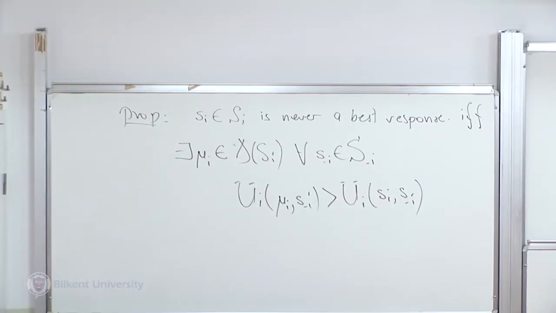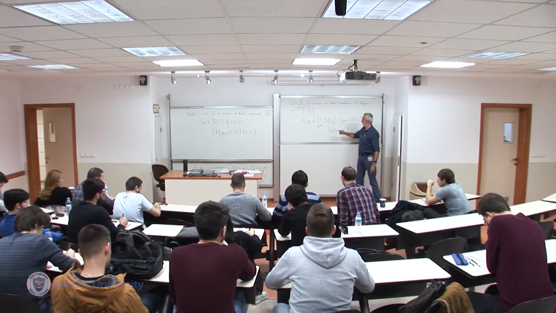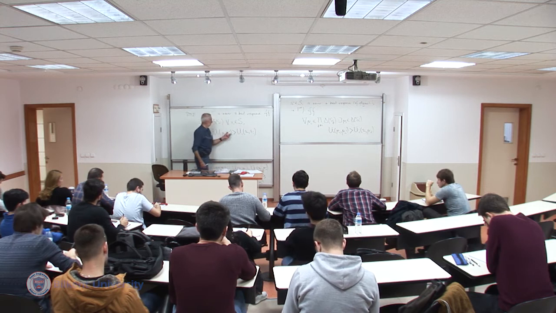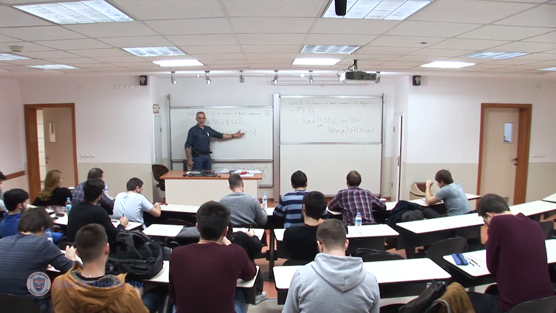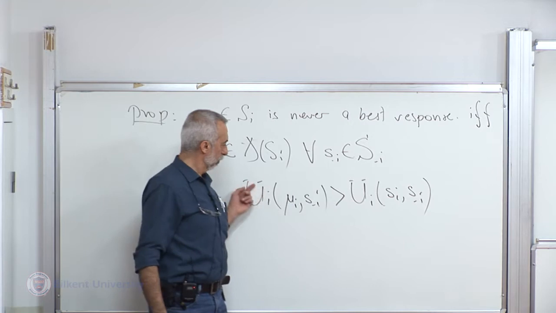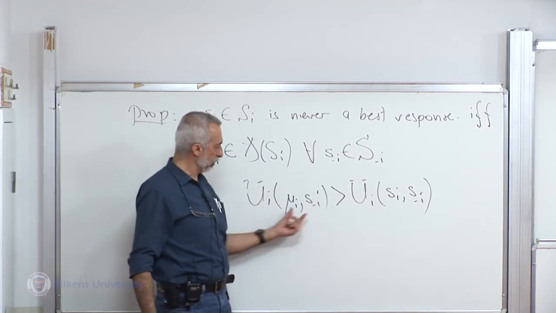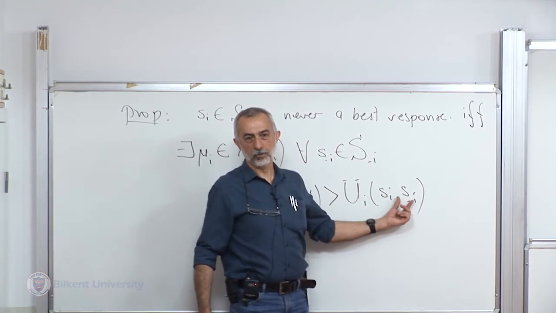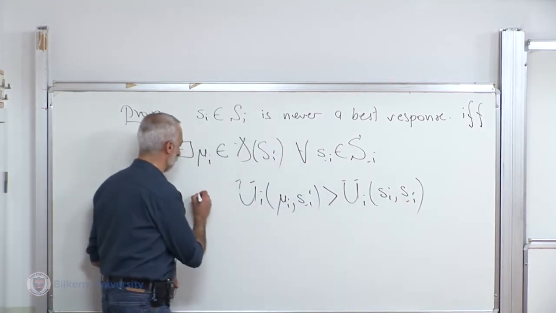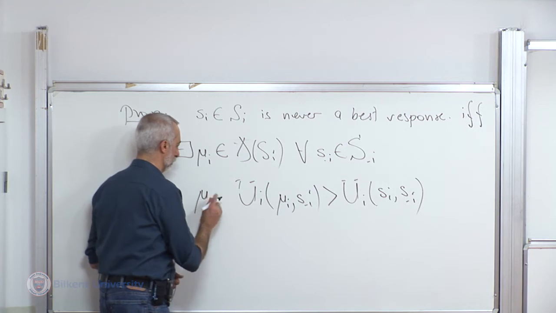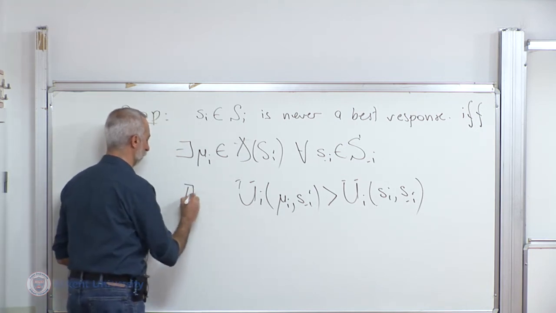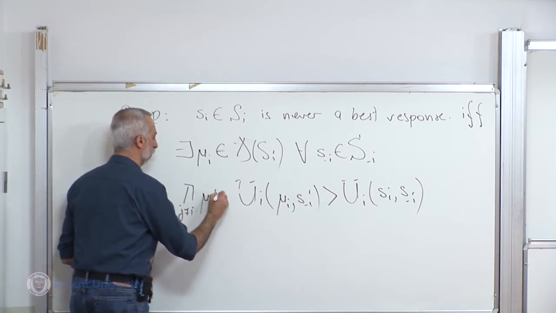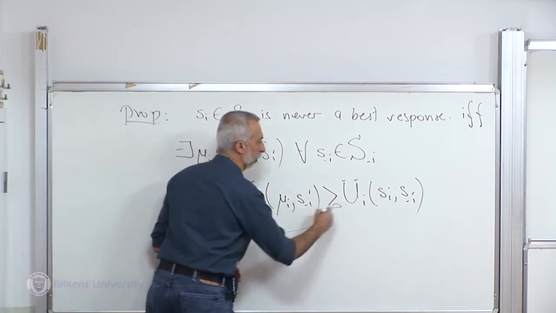So what you're probably doing is taking the convex combination of both sides, taking the convex combination of this side over S minus I, the same thing over that side, so multiplying both sides by mu J of Sj for J different than I, okay?